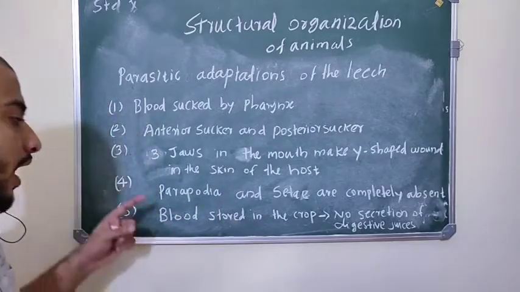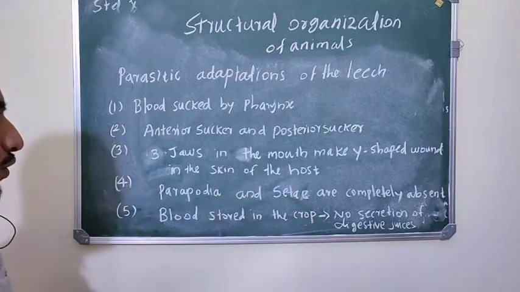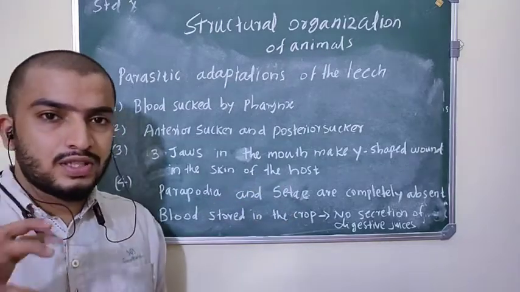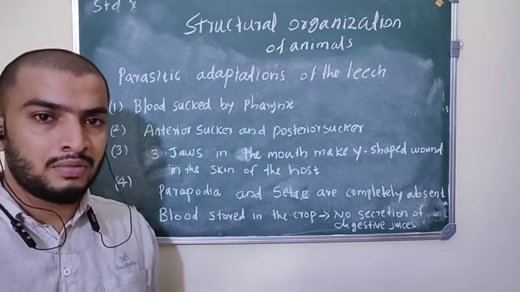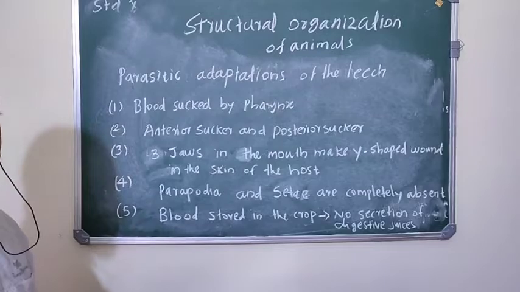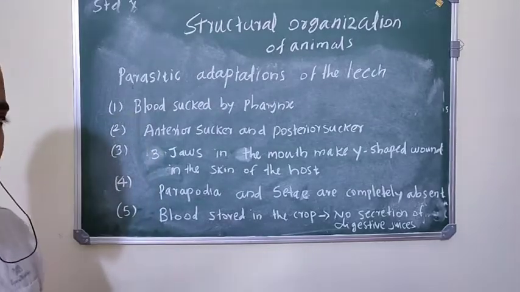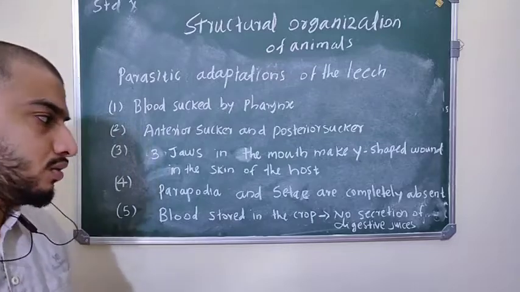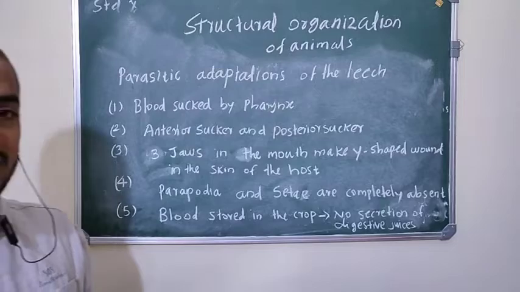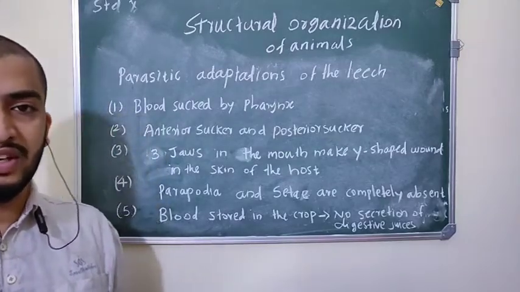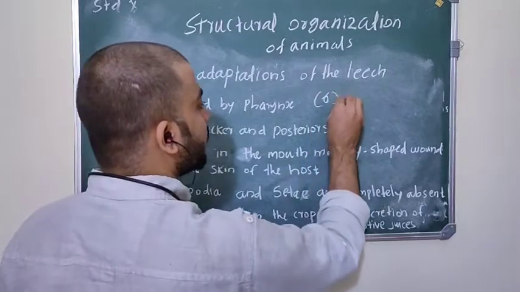Okay. And blood is stored in the crop. You know the crop, which is the storage organ of the blood, and leeches suck the blood and store it in crop, and they can store this blood for several months. Okay. And also there is not that much secretion of digestive juices and enzymes at the time of digestion. And sixth one, production of hirudin.